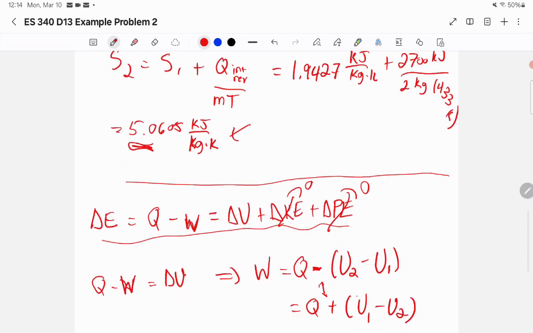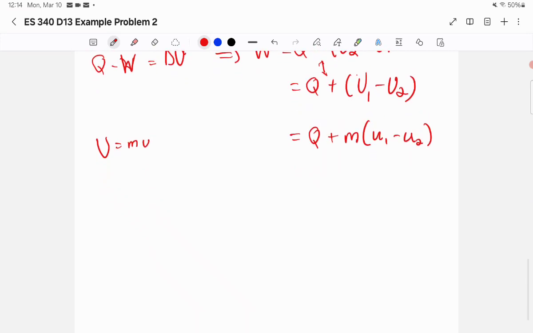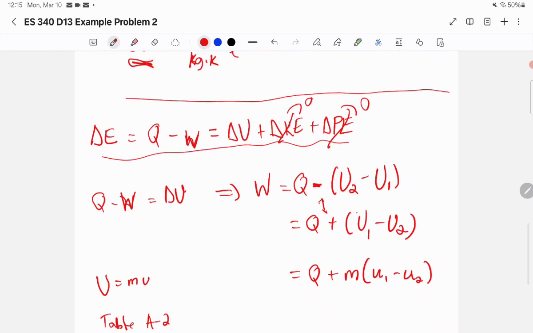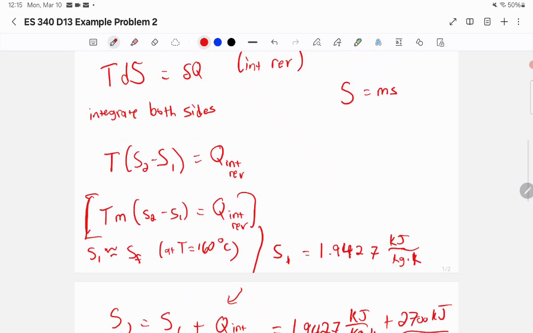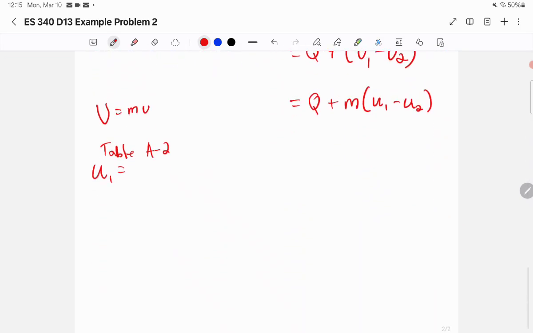I'm going to do one more thing. I'm going to find U1. Remember what we said. This is from table A2. We said for above, we're going to use the same justification that S is going to be approximately equal to SF. So U1 is going to be approximately equal to UF, because again, it's in the compressed region in the first state.